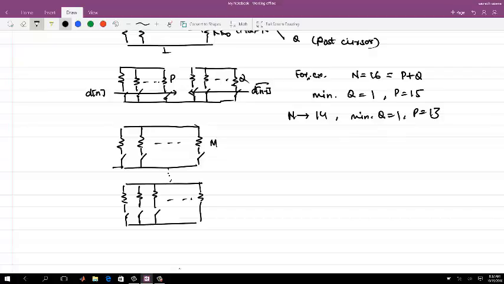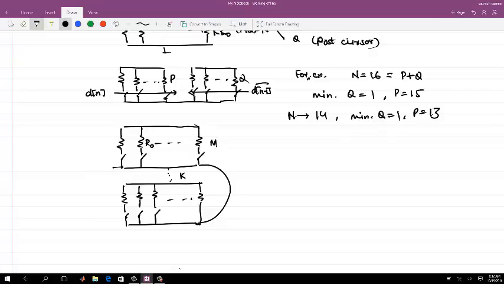So the total impedance, if I look, let's say all these are combined in number, let's say they are K in number, and each impedance is equal to R0.